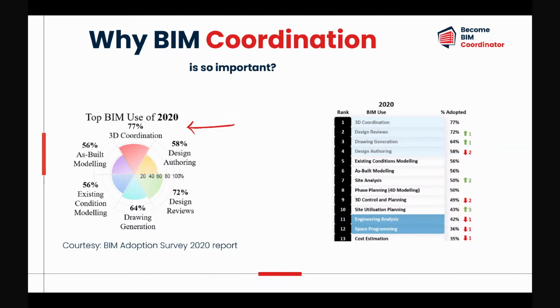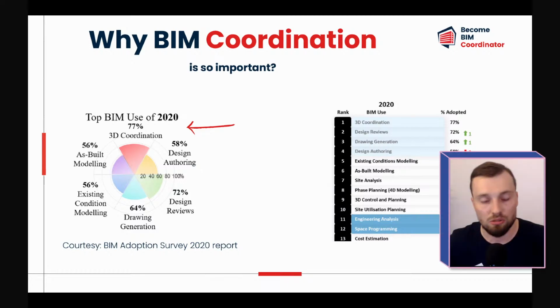So, I defined a bit about what BIM coordination is. Don't worry, guys, if you are missing the practical part, I'm going into it. Just a few slides about theory. So people are also asking me, like the clients I'm working with, why it's so important. So actually, I wanted to explain it in two ways. One in a more scientific way and one in a more tangible, realistic way.